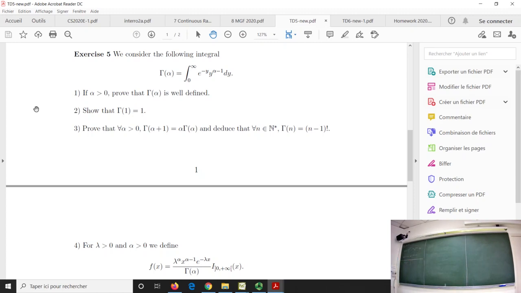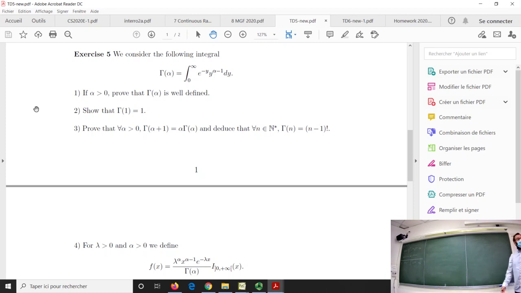So if alpha equals 1, I obtain what? I simplify the exponential part. What is this integral? Can you give me an argument? You can do the computation because the mapping inside has a primitive, but it's lambda equals 1 for an exponential.